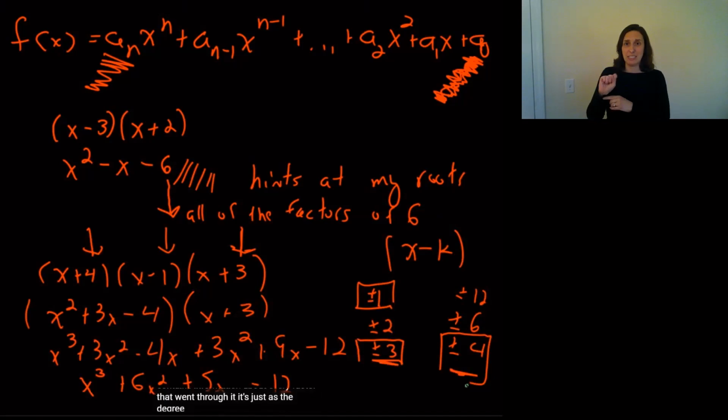It's just as the degree of the polynomial gets higher and higher, you're not looking at a pair of factors like you were with the quadratic, because the quadratic only had degree 2. There were only 2 factors to worry about when finding a solution. With higher order polynomials, you have an increasingly exponential amount of factors that you need to work your way through.